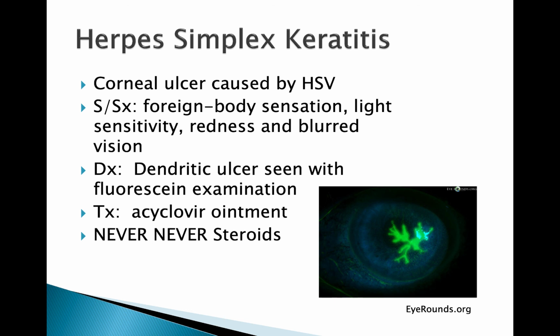So you just want to make sure that you're documenting that you do fluorescein stains even if you don't see anything. Treatment for these is acyclovir, and you never want to give these guys steroids. The steroids can actually make the herpes simplex keratitis worse. And the picture on the right-hand side is the typical presentation of a dendritic lesion under fluorescein stain.